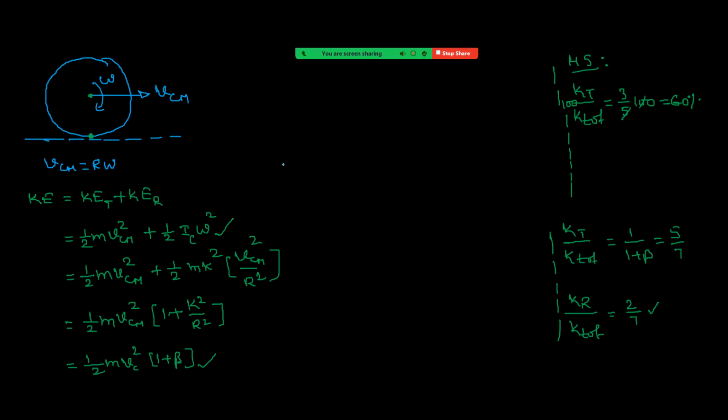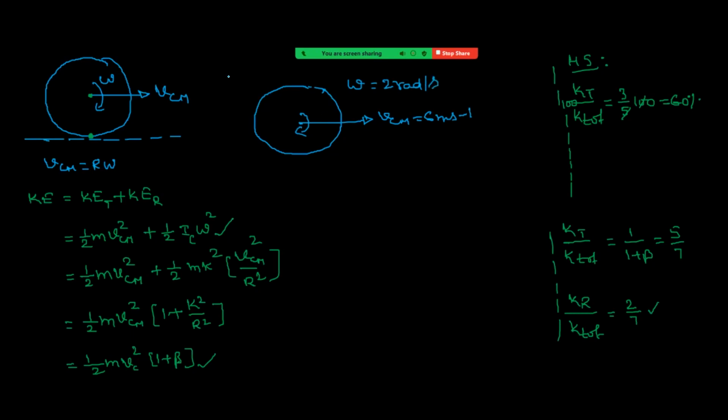Take a body that is rolling, for example VCM equal to 6 meter per second and omega 2 radian per second.